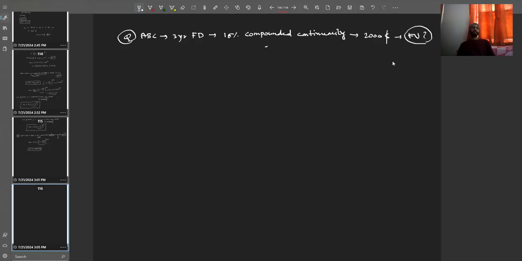So the calculation here is going to be done through exponential equation. So in case of continuous compounding, the expression of FV, future value, is given by PV multiplied by E, exponential, raised to the power of R into the number of periods.